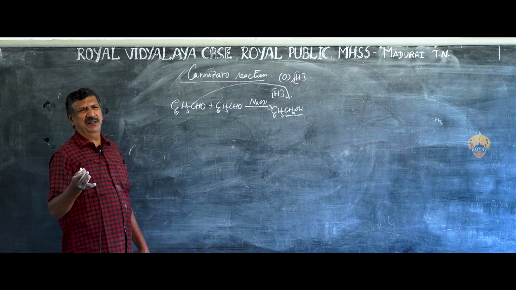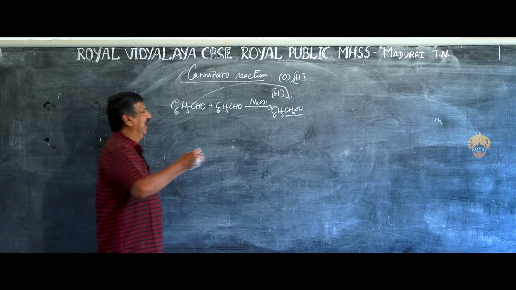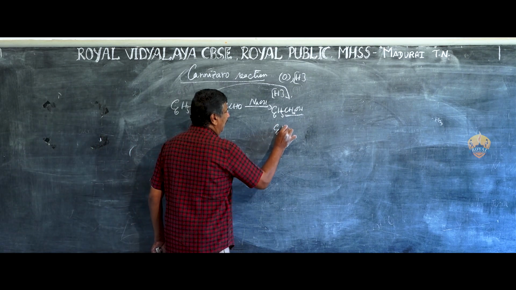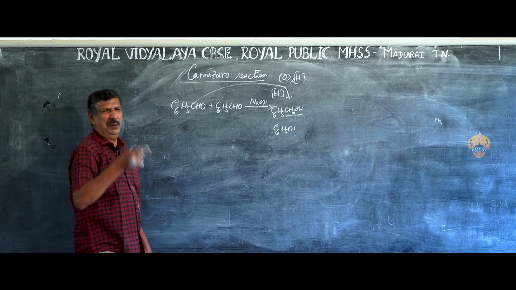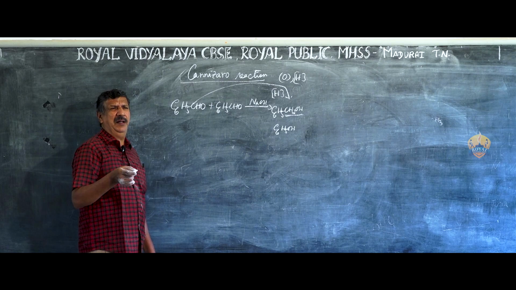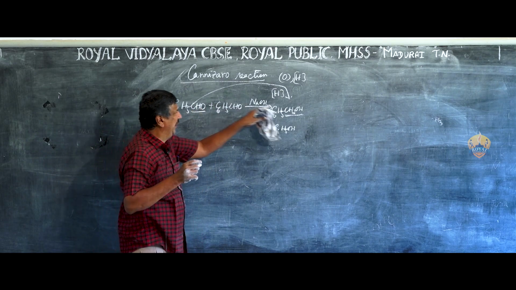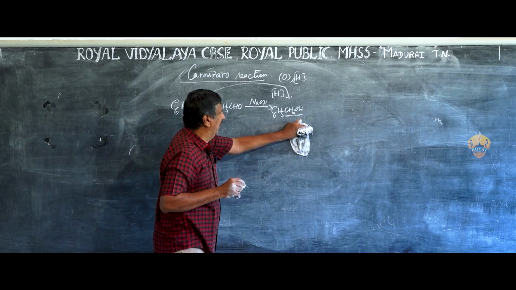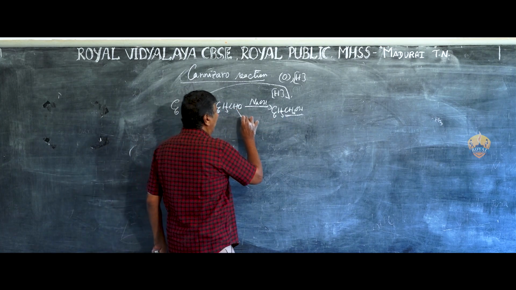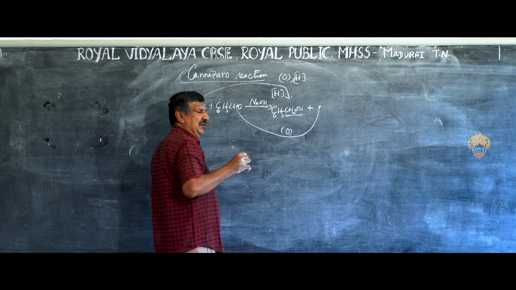Be careful, don't be playful. Somebody is writing like this. This is wrong. This is not at all alcohol. What I am insisting again and again, CHO will be converted into CH2OH. So, okay, don't write phenol. Then what about this one? The other aldehyde will be oxidized.